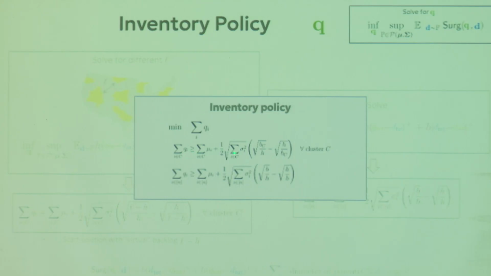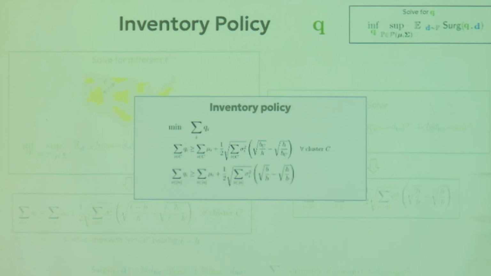Okay, and so for each cluster you have the constraint that the total inventory in the cluster is at least the inventory carried by the Scarf solution, treating it as a single point with the total mean being the summation of mu_i, sigma being that, and the virtual backlog. The total inventory being the Scarf inventory, treating the whole system as one node.